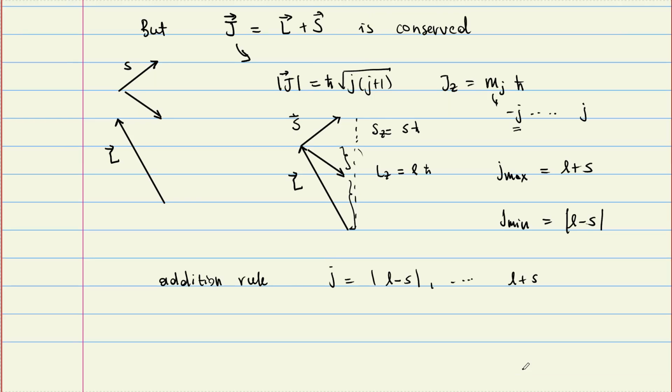And of course, J has to be an integer. For any given J, we are going to have Mj equal to minus J up to J, in total 2J plus 1 possibilities.